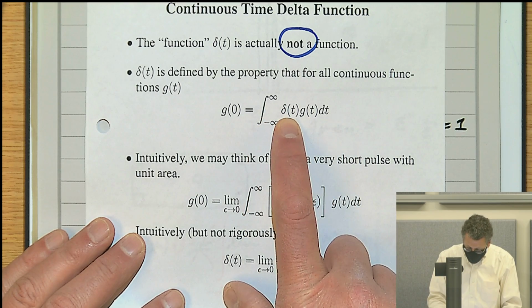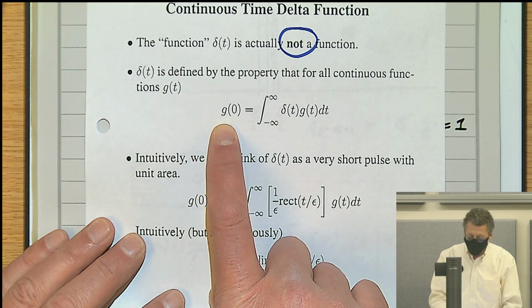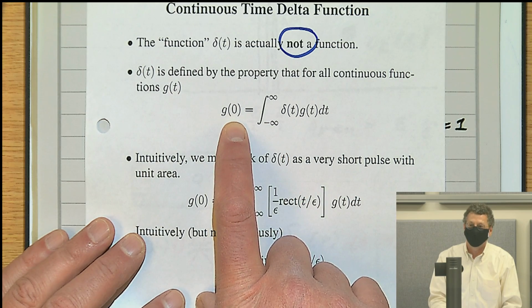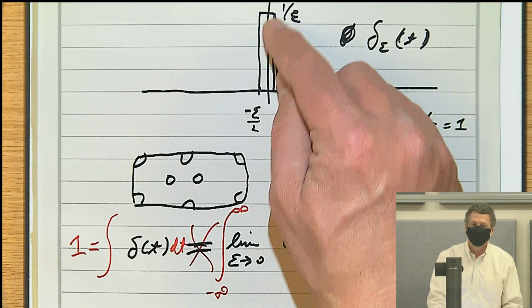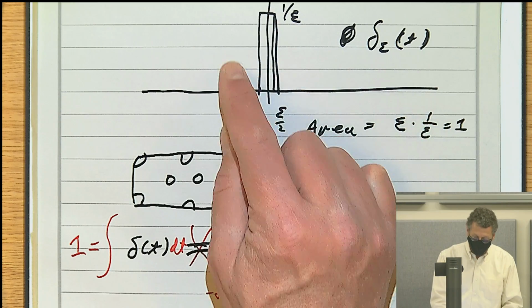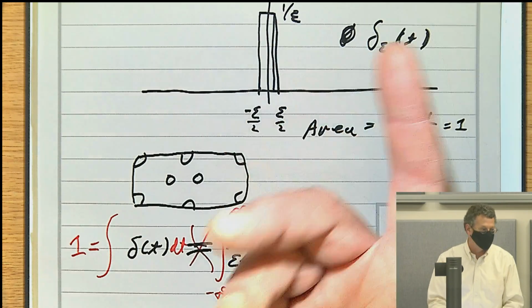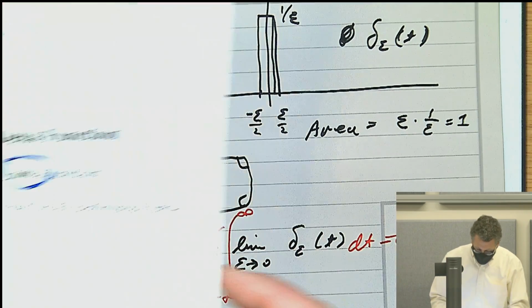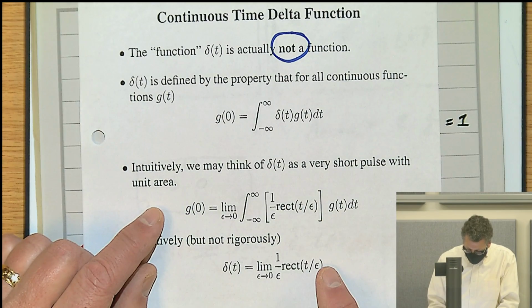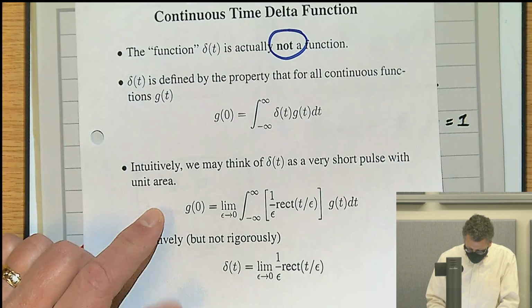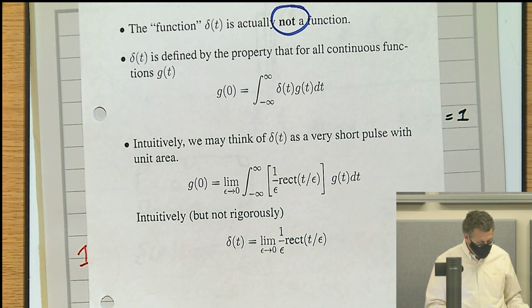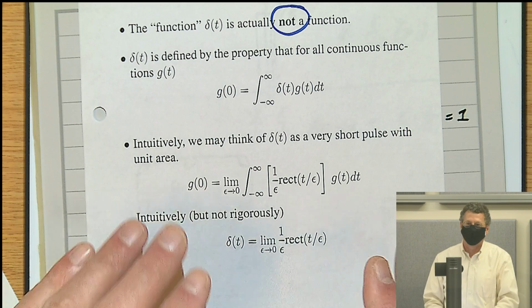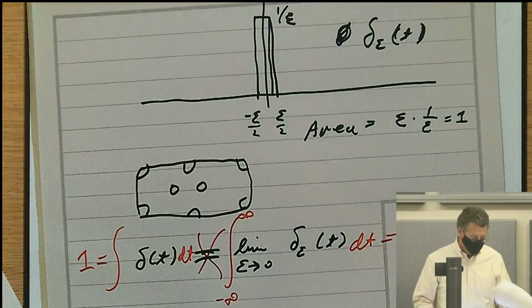So if you take the integral of delta t times g of t, what ends up happening is you evaluate g at 0 because you're multiplying the function g by this pulse. You're integrating, and the only thing that matters if the function is continuous is its value at 0. So you take this limit, and that's what it is. Okay. So now that you know that, you can just pretend it's a function for the rest of the class, but it really isn't.